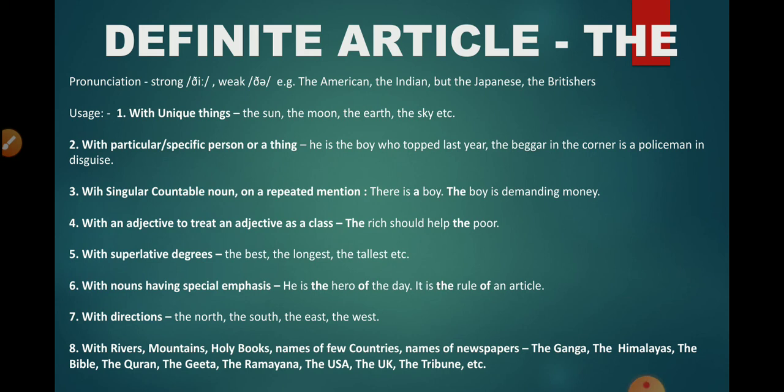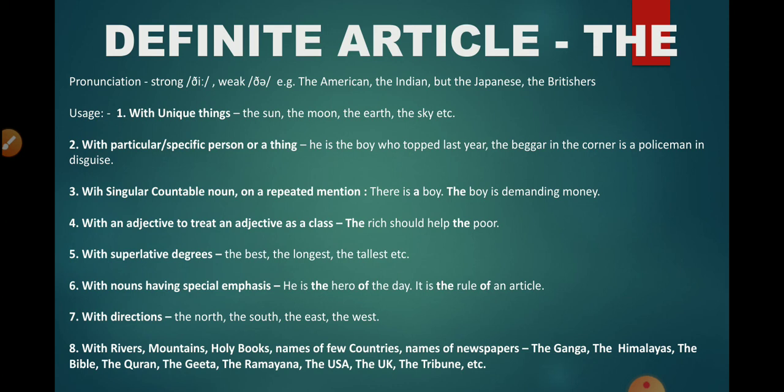But there are certain names of countries which begin with the alphabet U, which stands for united, and with all the countries beginning with U which stand for united, we use the definite article the because they are treated as a group of states. So with the USA, the UK, we use the definite article the.